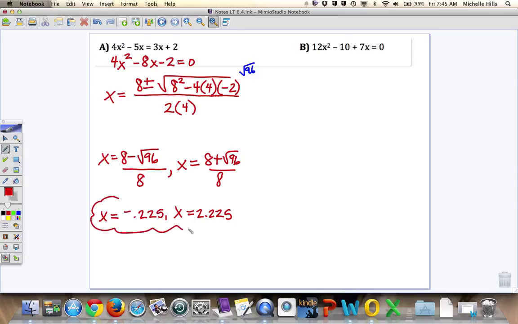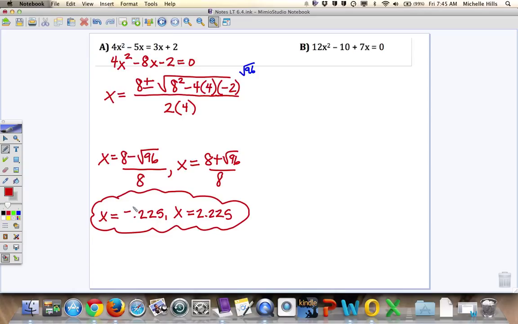As a reminder, what this means is one of two things. If I graph the quadratic equation y equals 4x squared minus 8x minus 2, that parabola will cross the x-axis at these two locations. The other way is, because this was set up this way, if I graphed two equations, y equals 4x squared minus 5x, which is a parabola, and y equals 3x minus 2, which is a line, those two would intersect each other at two different places.